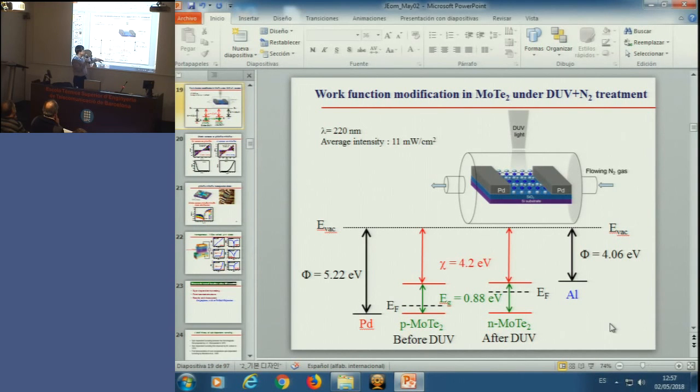The reason is, when you buy the material from the company, it is mostly P-type.